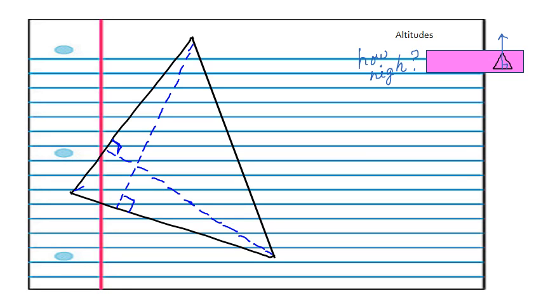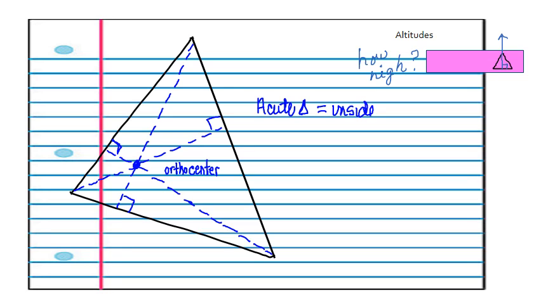And this one here, let's see. And you'll see that they all meet at a common point also, called the orthocenter. If you have an acute triangle, then the orthocenter is inside.